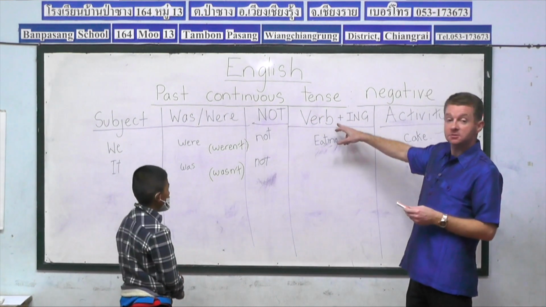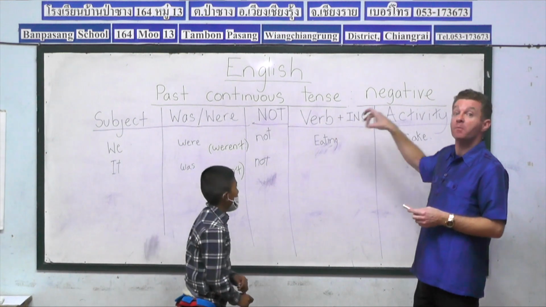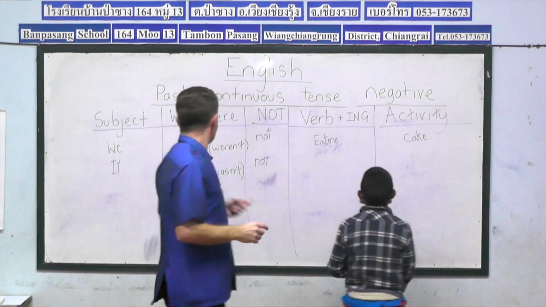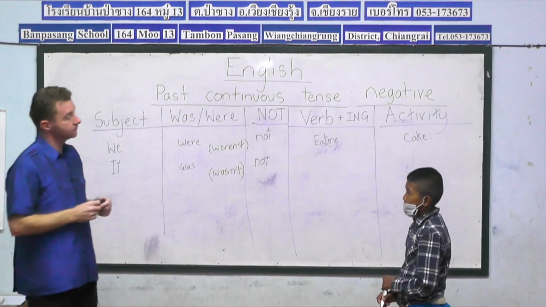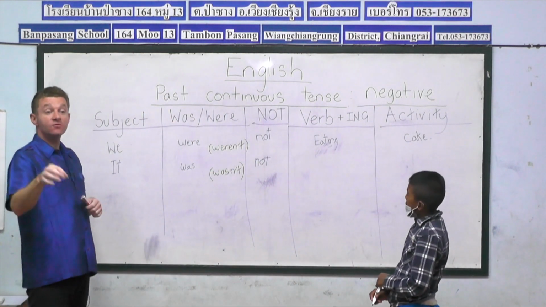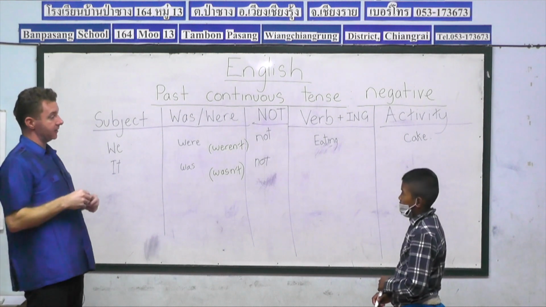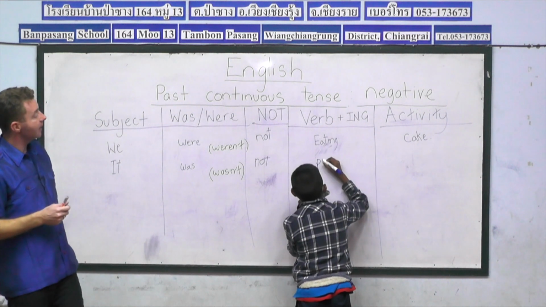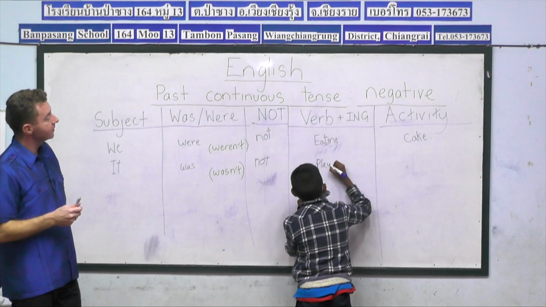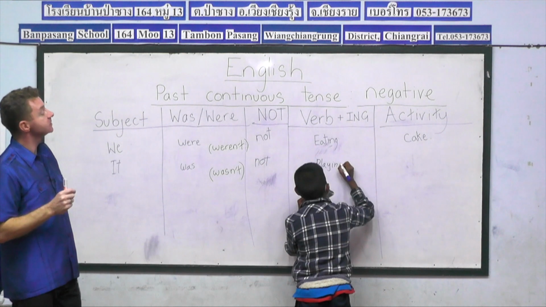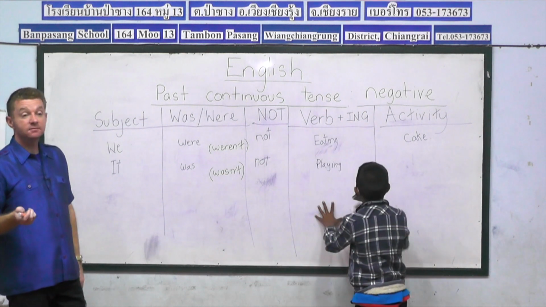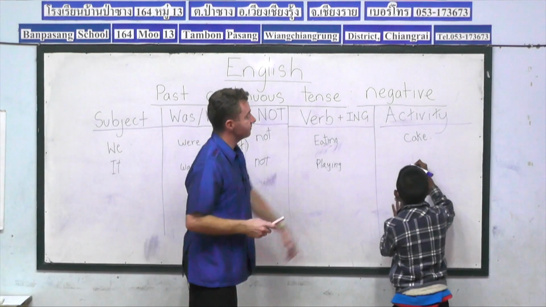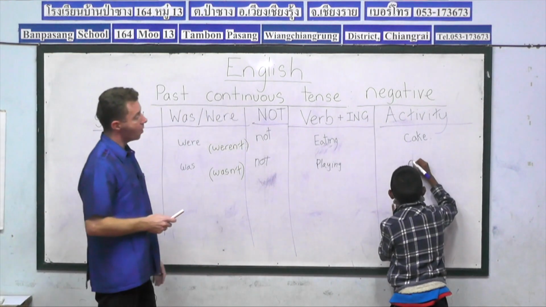And next what comes? Verb plus ing. So Pat, what's your verb word that it was not doing? Okay, it was not playing. So the verb play, P-L-A-Y-I-N-G. And then football. So football will come into the activity.